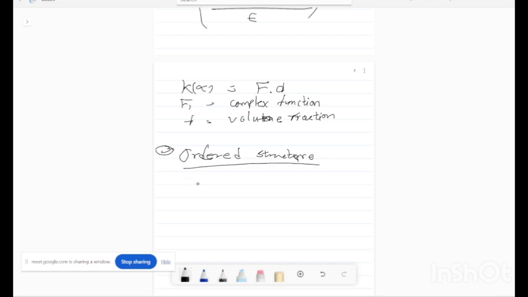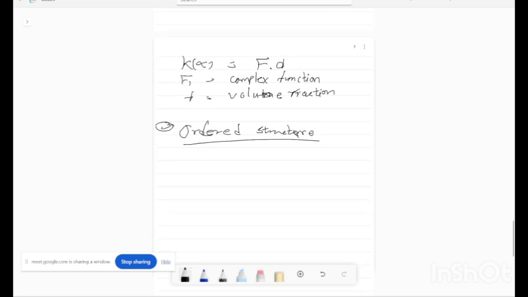In precipitation hardening, the ordered structure in the precipitate also exists. If a precipitate has some ordered structure, that is also called the superlattice. In this case it will be in the precipitate particle.